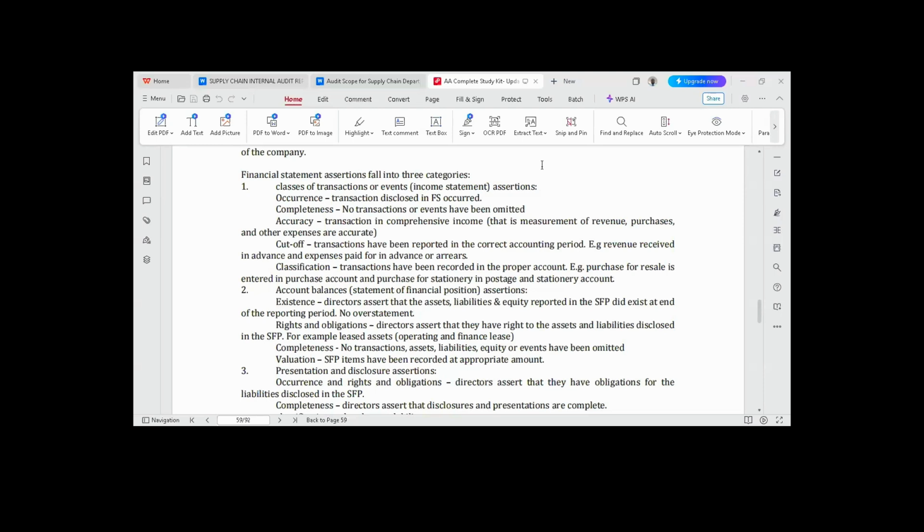What is an asset? According to the IFRS, an asset is anything that is used to generate what? Economic benefit. Anything that is used to generate economic benefit is known as what? Asset.